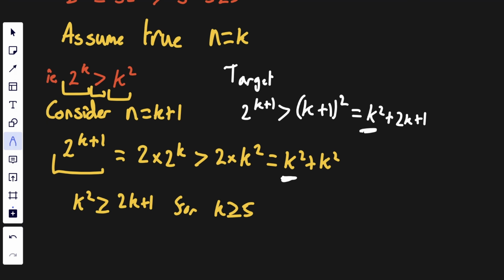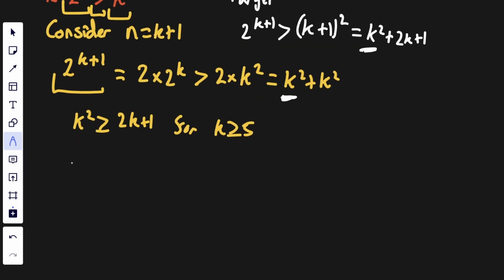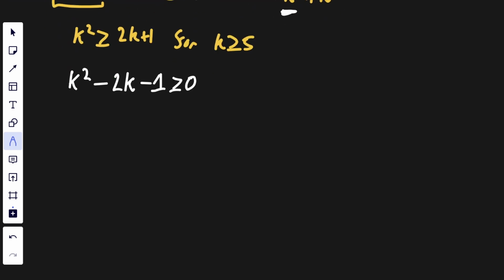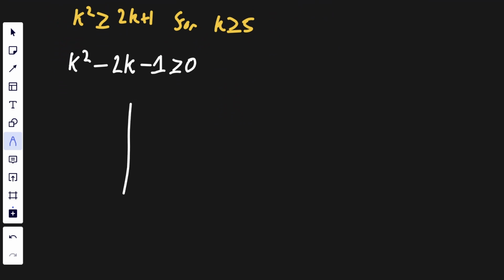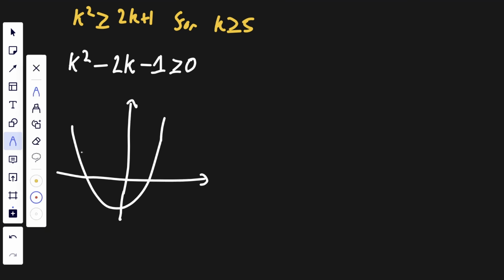Let's consider this quadratic inequality. With all inequalities involving quadratics, we want to get our quadratic on one side. So we get k squared minus 2k minus 1 is greater or equal to 0. Let's now plot this quadratic. It's going to look something like this. We need to know its roots.